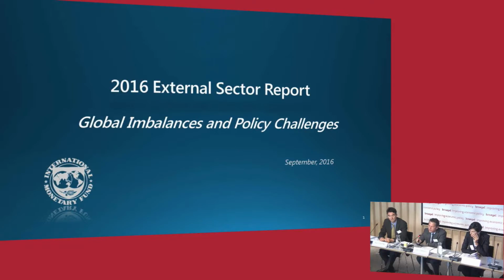This widening is also interestingly taking place at a time when the surpluses of oil exporters have come down tremendously. So you see the blue bar in 2014 disappearing and actually turning into deficits. So what is quite striking about the developments is that this is happening despite the fact that oil exporters are reducing their surpluses.